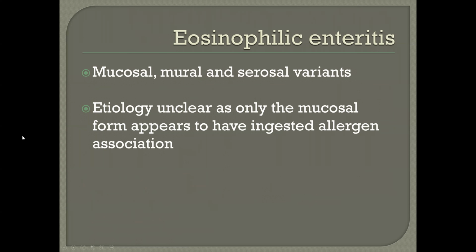It's really not clear what the etiology is, although one would surmise that there's some sort of an ingested allergen, particularly in the mucosal varieties. That's certainly seen in eosinophilic esophagitis, sometimes in eosinophilic gastroenteritis, gastritis.